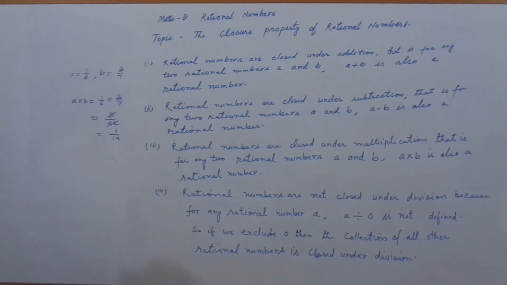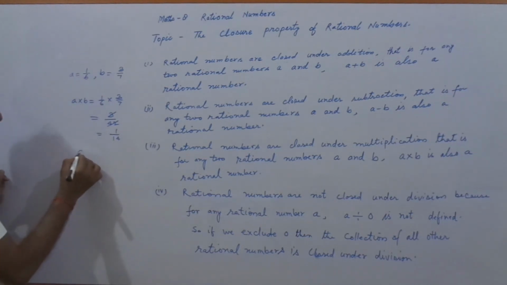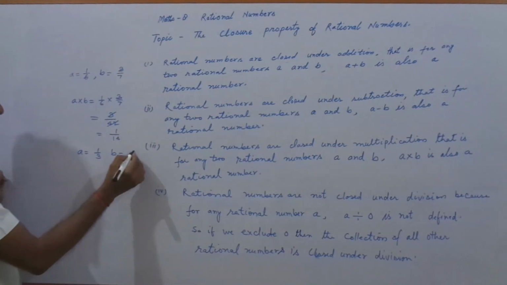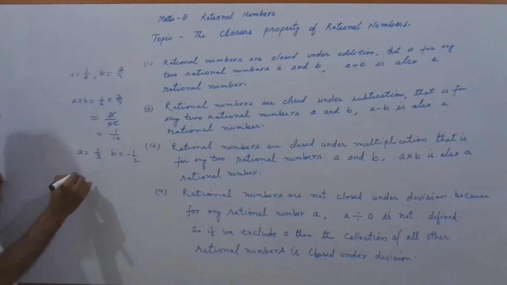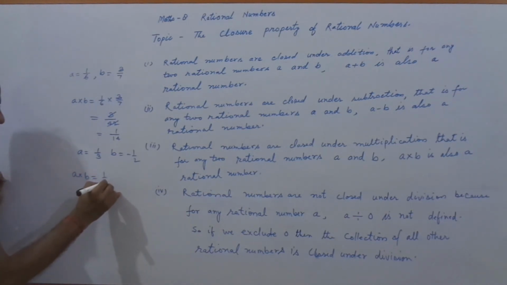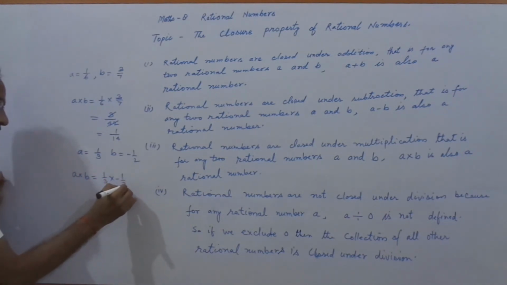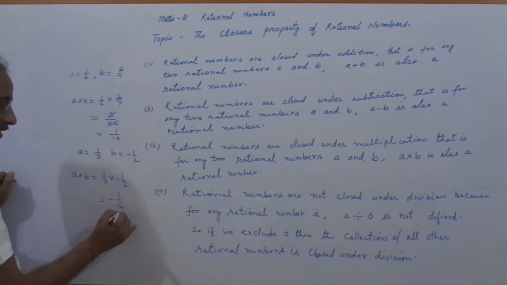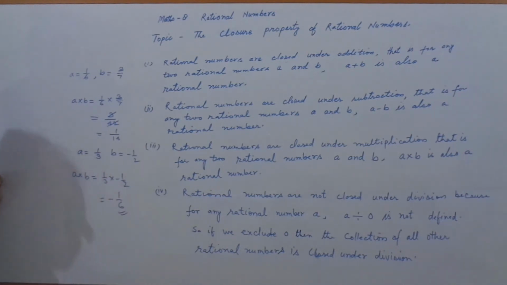It can be checked for any other values of a and b. Suppose a equal 1 upon 3 and b equal minus 1 upon 2. So on multiplying we get a into b equal 1 upon 3 into minus 1 upon 2. On multiplying it we get minus 1 upon 6, which is also a rational number.